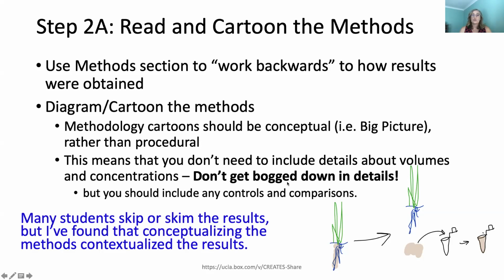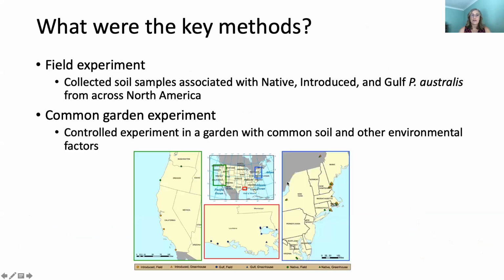All right, so for our example paper, there was kind of two key methods, two big experiments that they did. They did a field experiment where they collected samples of this plant from across North America, and they did a garden experiment where they took common soil and then these different lineages of the plants.